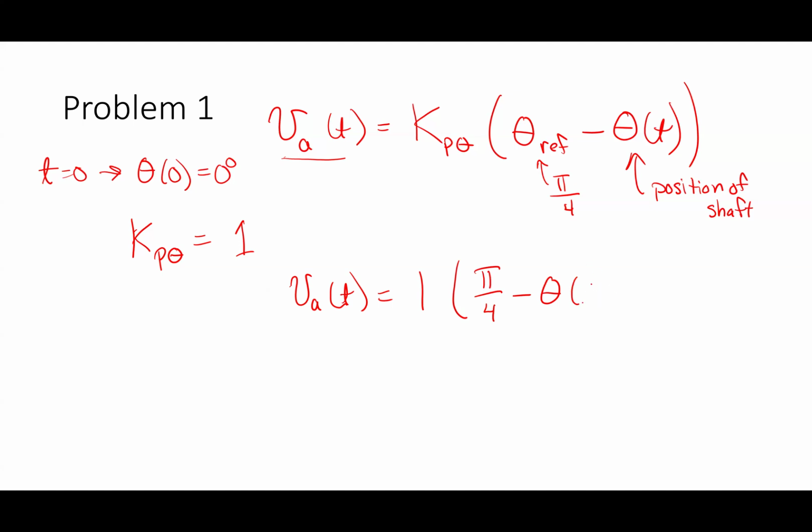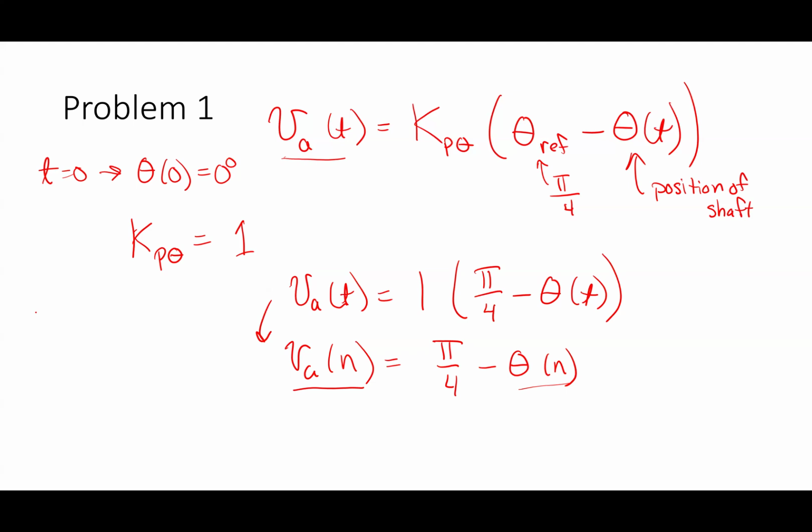What I'm asking you to do in your code, once I'm in discrete time, is this: VA of n is equal to pi over 4 minus theta of n. I'm asking you to choose the voltage that I apply based on the angle of the machine. So essentially you're going to have 3 equations.